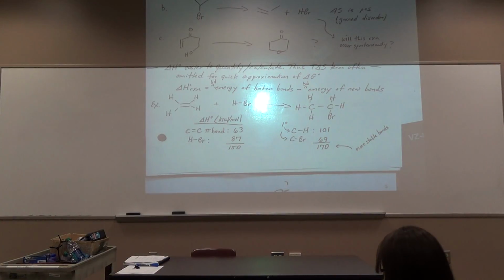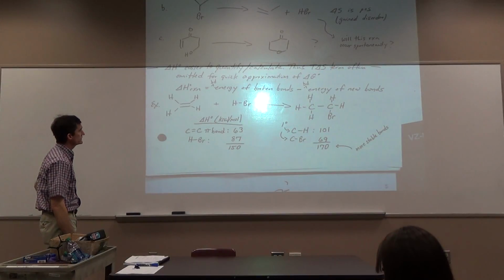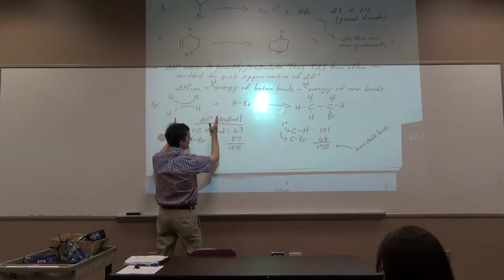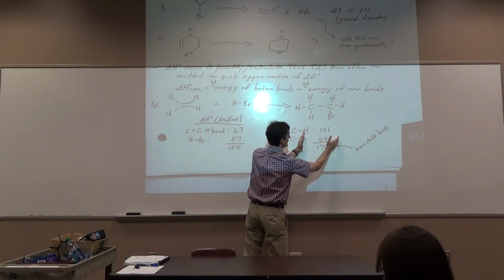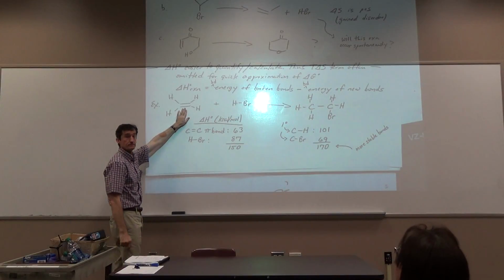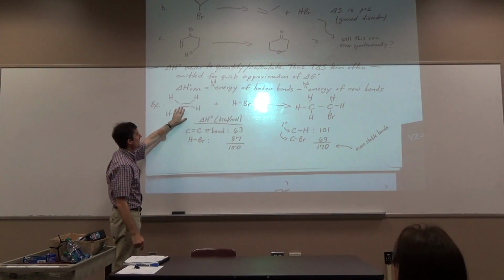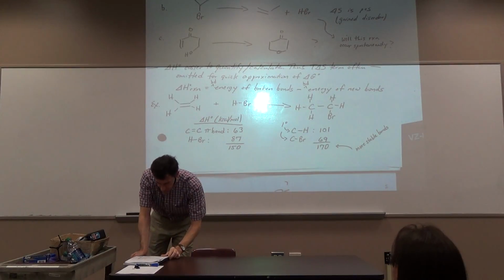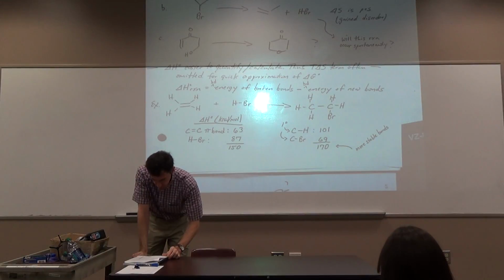Can we calculate delta H for this? Delta H is calculated using bond strengths. We look at what is broken versus what's formed. The pi bond is broken. Everybody agree? There's no pi bond. How much is a pi bond worth? If we look at the table in the front, now some tables get pi bonds differently.